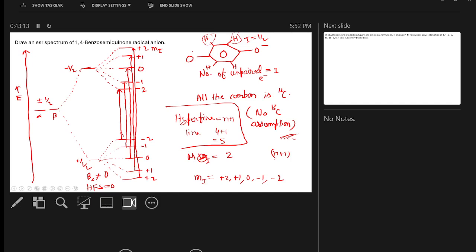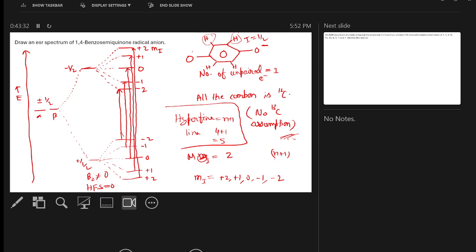So there will be 5 transitions, so you will get 5 peaks. And what will the intensity ratio be? That we can decide with the help of the coefficients of the binomial or using Pascal's triangle.